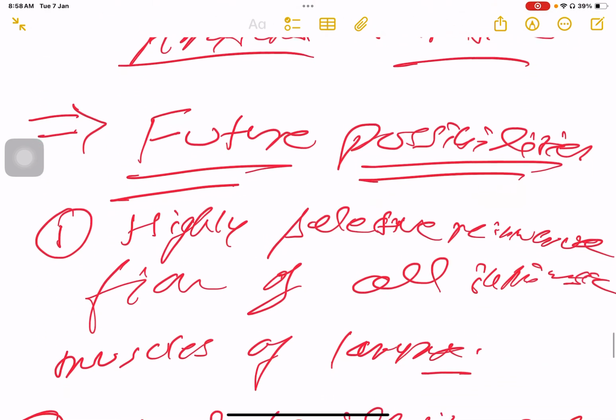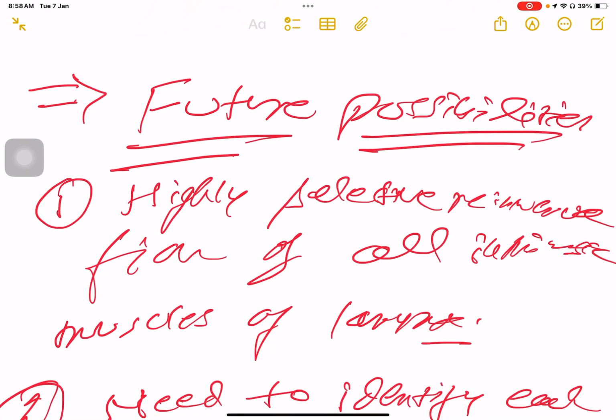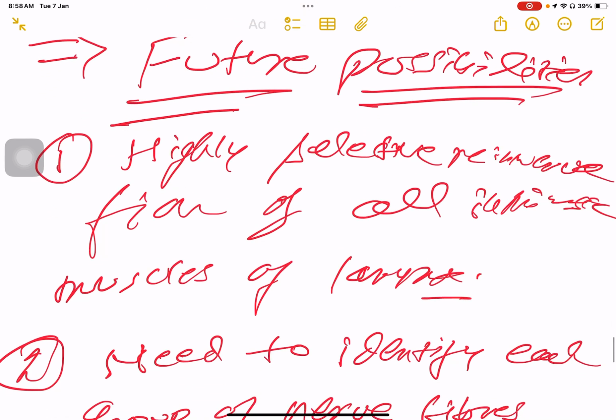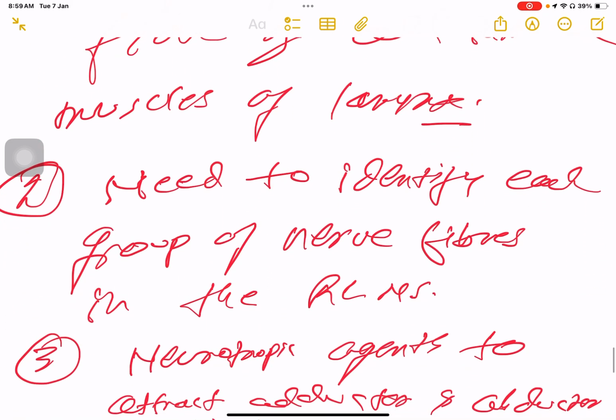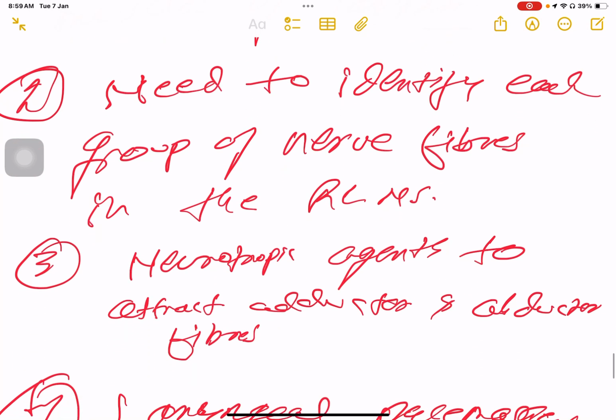So coming to the future possibilities of management of unilateral vocal cord palsy, in future highly selective reinnervation of all the intrinsic muscles of the larynx could be tried, and we could also identify the highly selective motor and sensory nerves inside the recurrent laryngeal nerve and go for selective reinnervation, which is a future possibility.